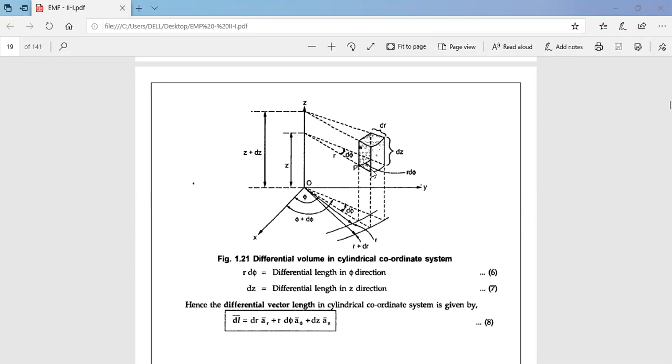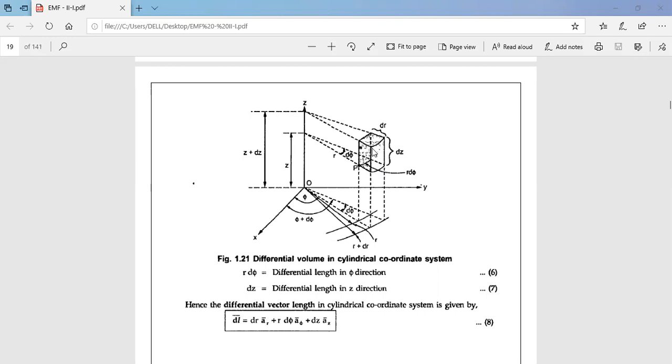Your length along here is r d phi, and your length along there is dz. So your surface is r d phi dz.